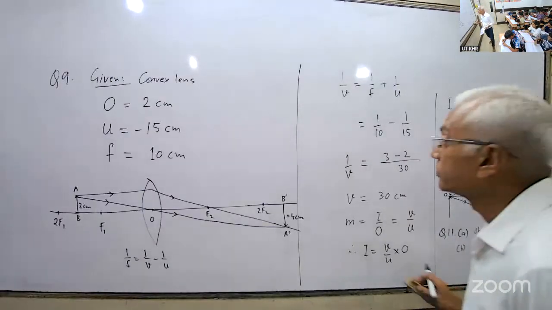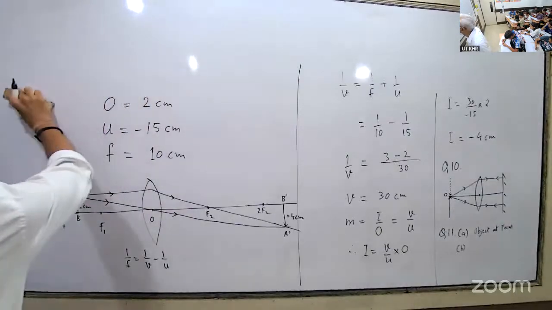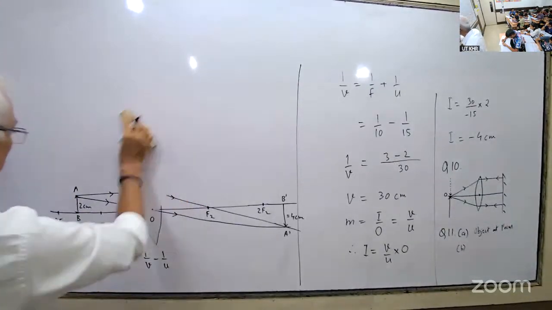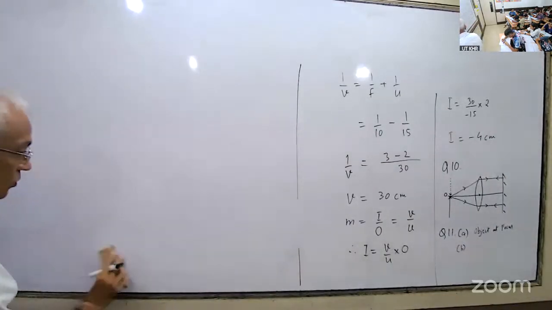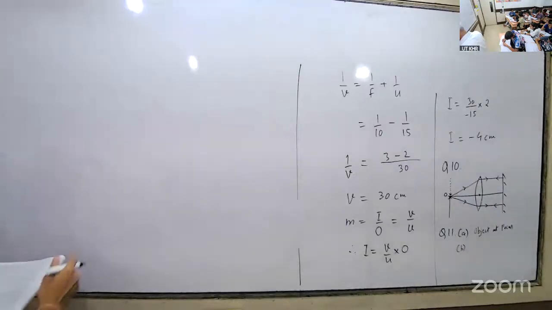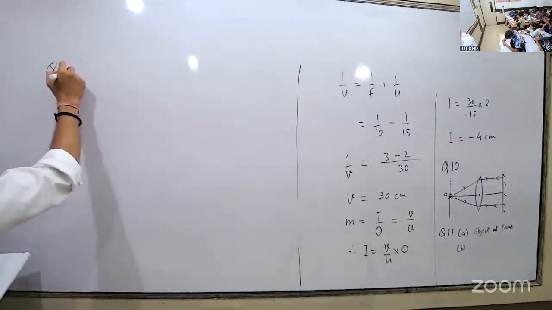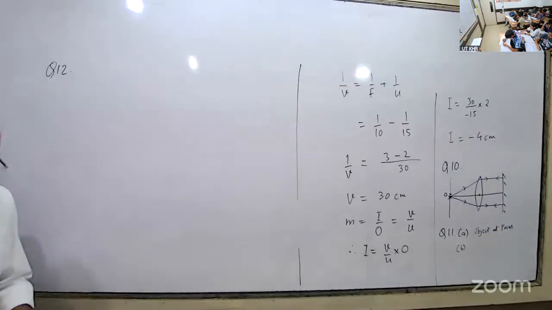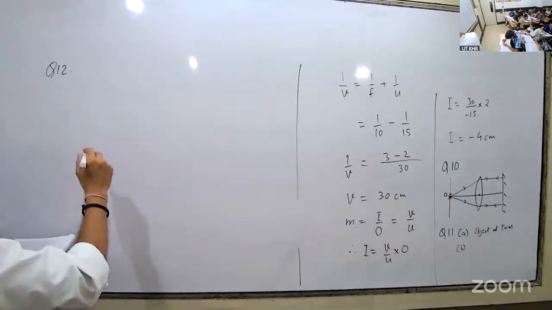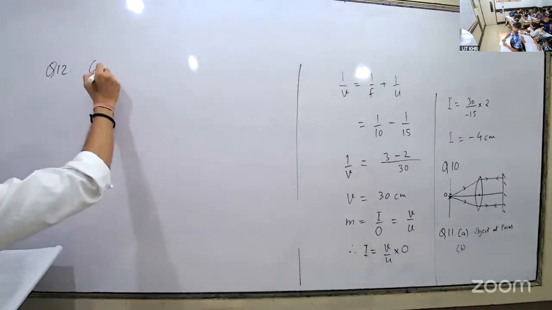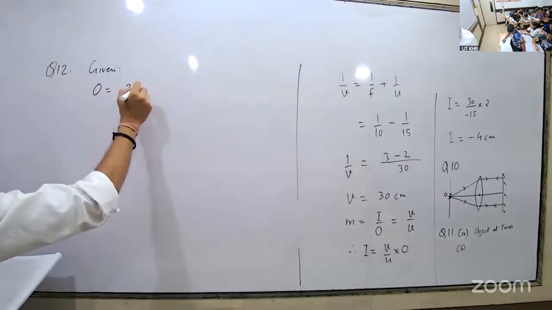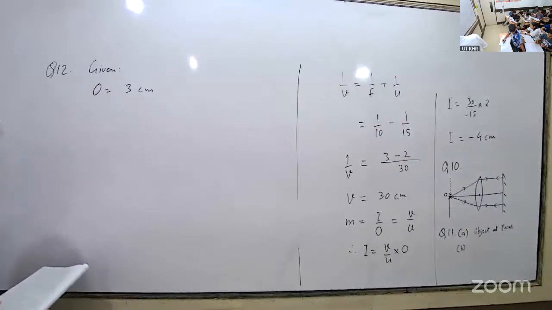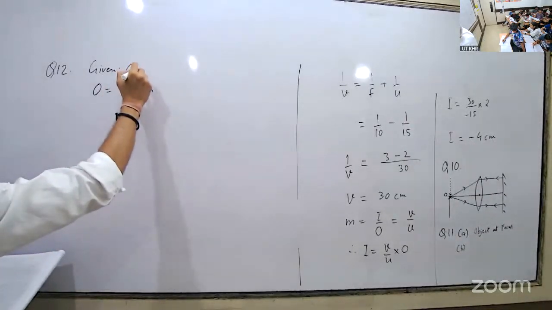Question 12. So you have to find the position of the object. This is also a convex lens.